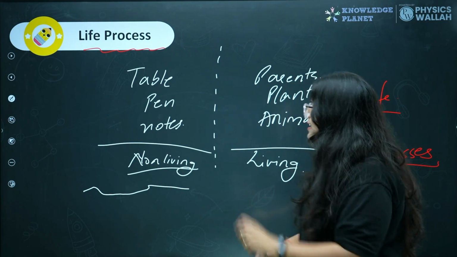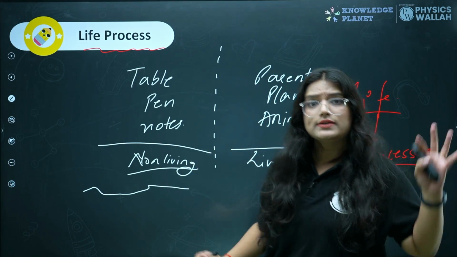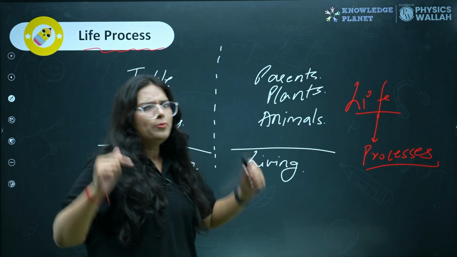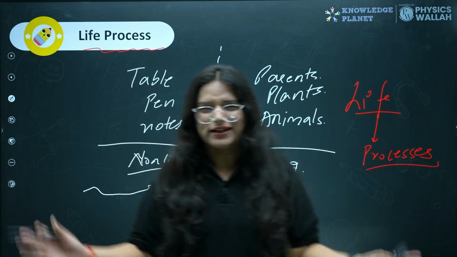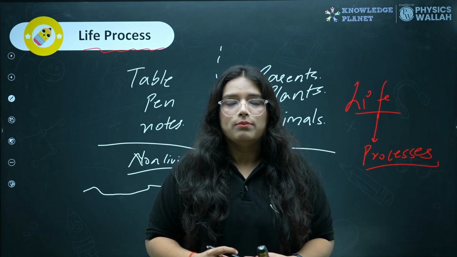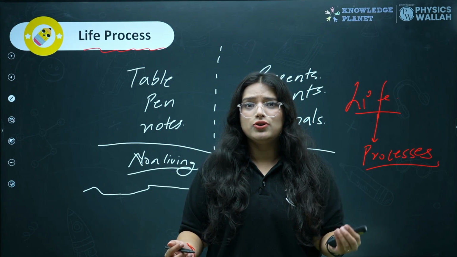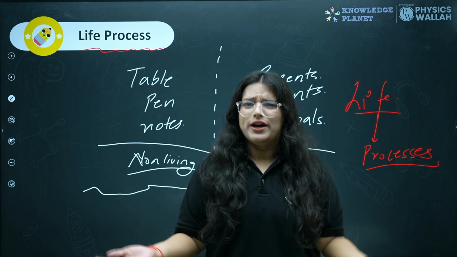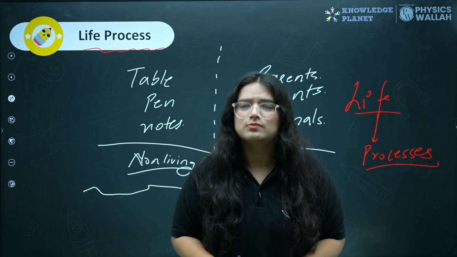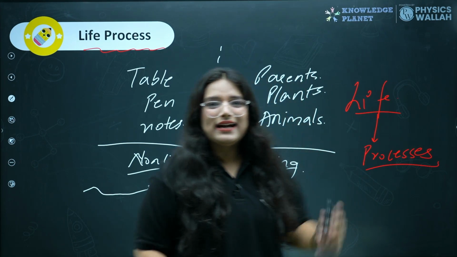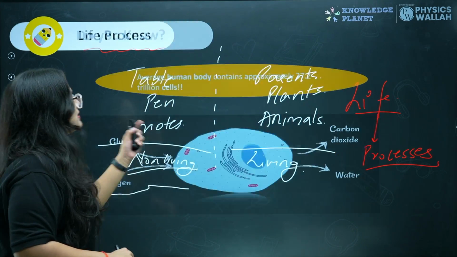Now, let's talk about these life processes one by one, and I hope you guys are super energetic to learn about it, okay? But hey, now I've asked you guys to be energetic, but where do we get this energy from? Alright, let's discuss this in the very first life process.